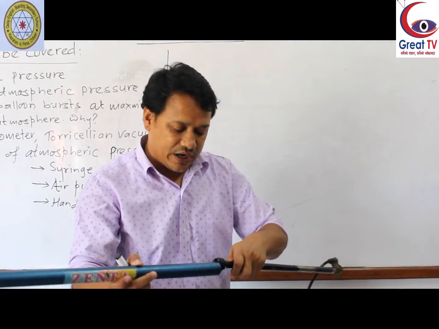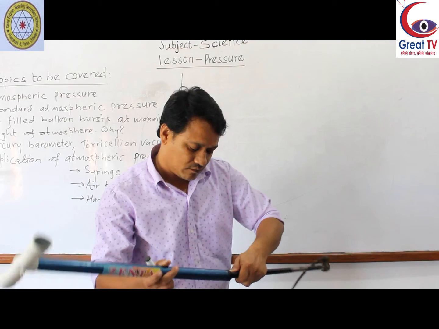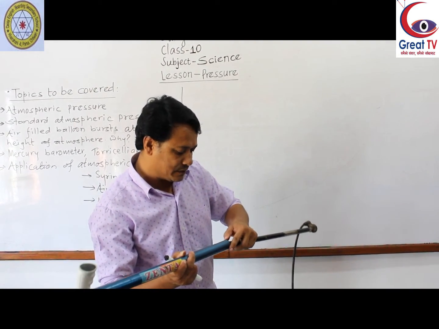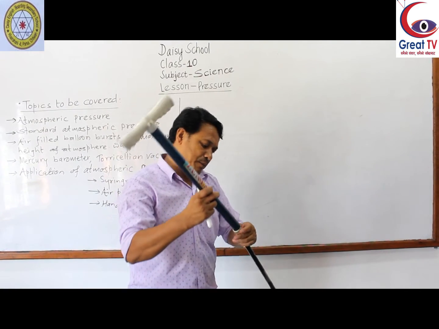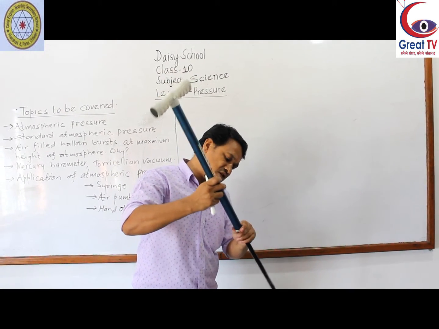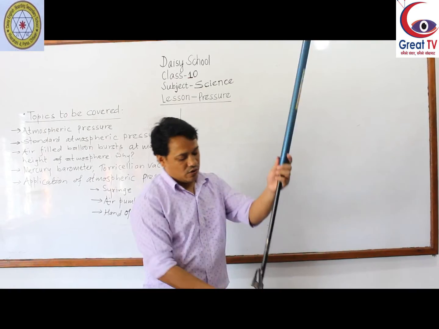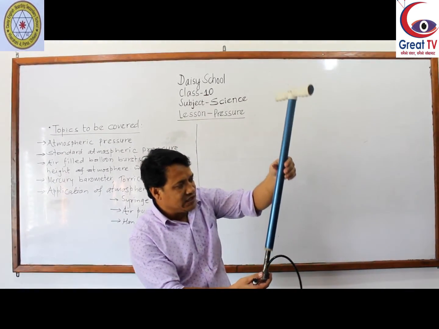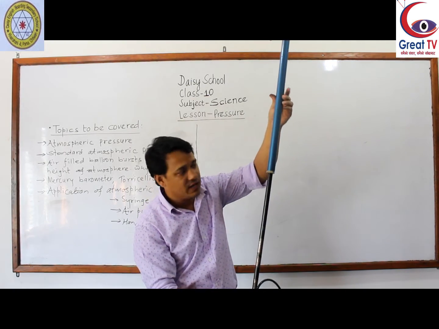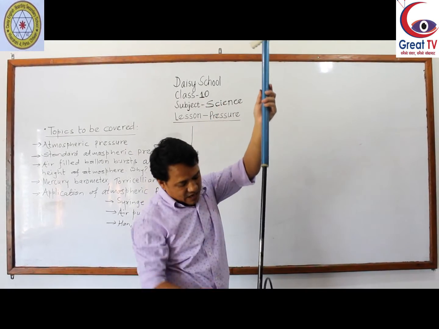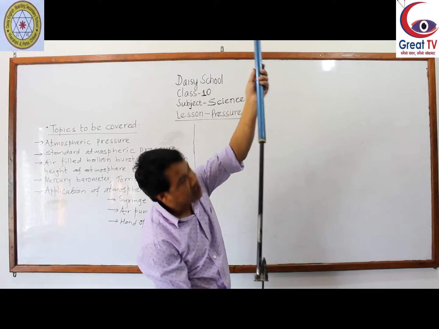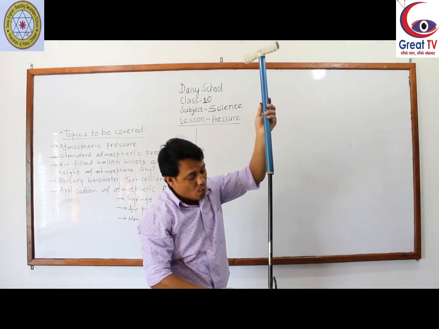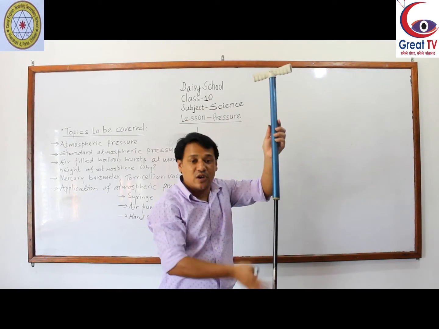So, when we pull the handle or piston upward, the gap between the nozzle and the handle or piston increases. When the gap increases, there will be more volume.